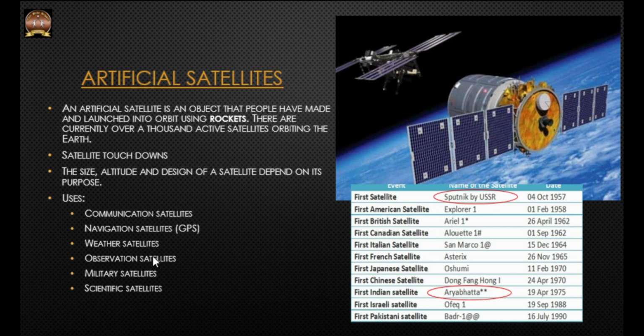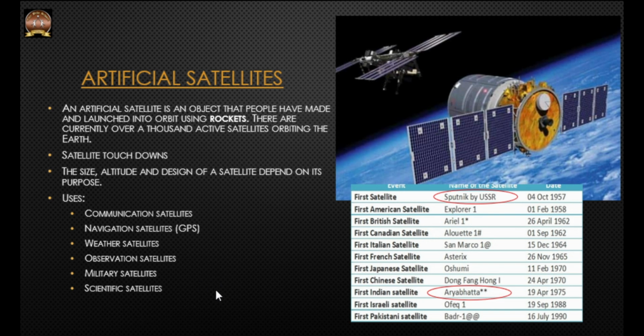Observation satellites photograph the Earth and observe the planet for changes in everything from temperature to melting of ice sheets. Military satellites, also called spy satellites, are used by the military, and the true objective or application of these satellites remains a secret and is not open to the public.